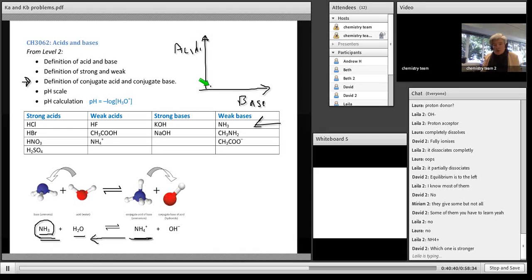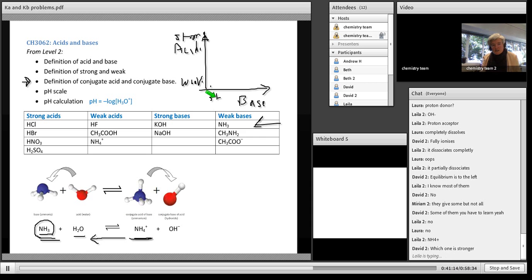And a strong base, so we're over here, would have... perhaps I should make it an easier thing, so if I made this strong and weak over here, and then I made it strong over there. Actually, that should work.